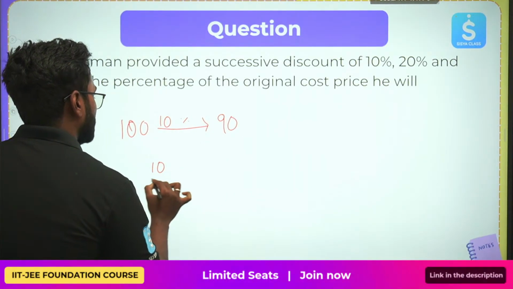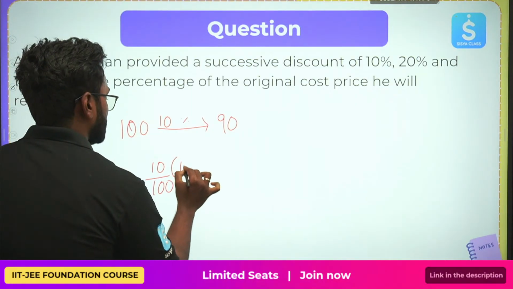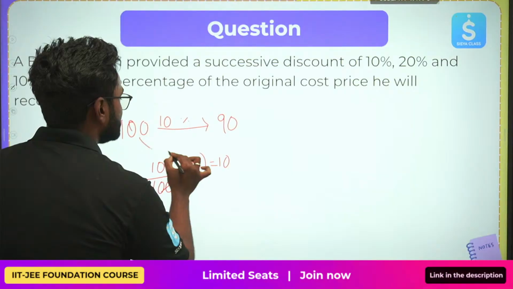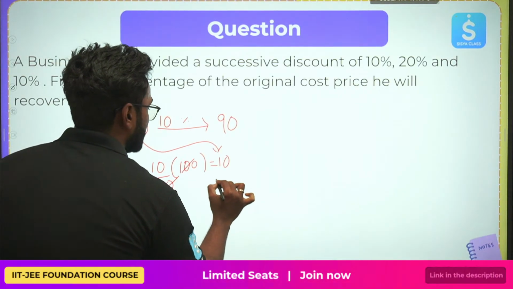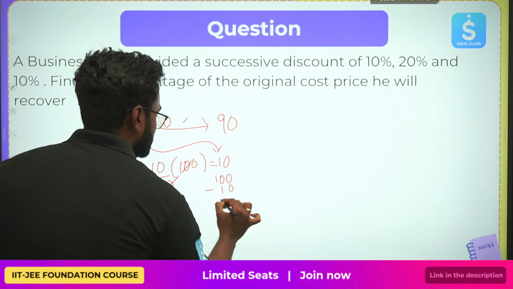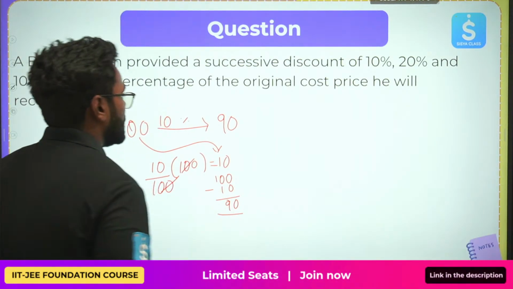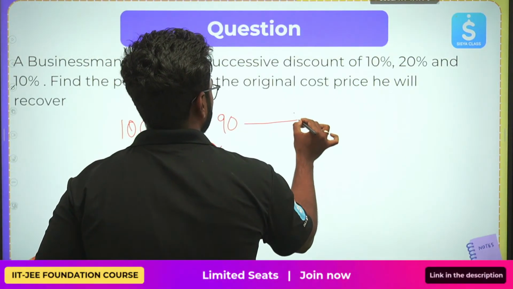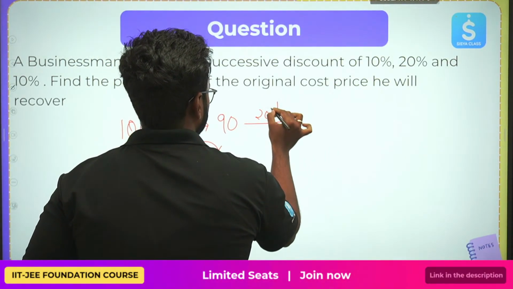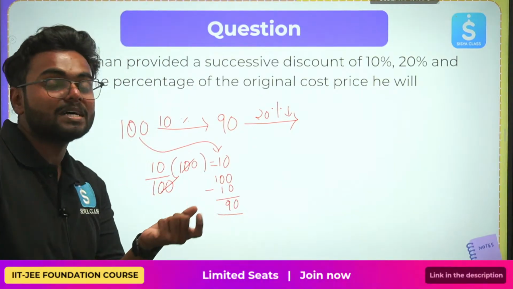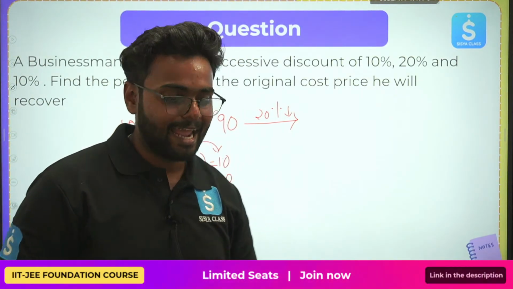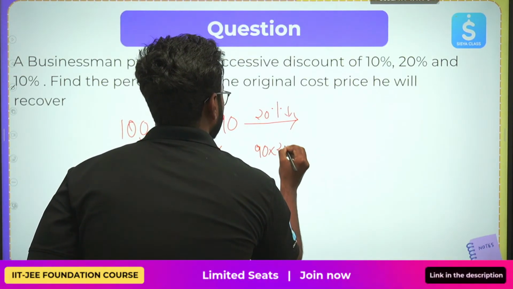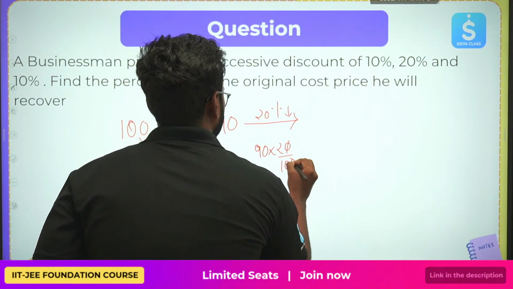How? 10 by 100 of 100 is equal to 10, right? So the price was 100, discount is 10. I'd be getting 100 minus 10, which is 90. Now, after getting 10% discount, I again got a 20% discount. Now, 20% of not 100, 20% of 90, right? I'd be getting 90 into 20 upon 100, which is 18.